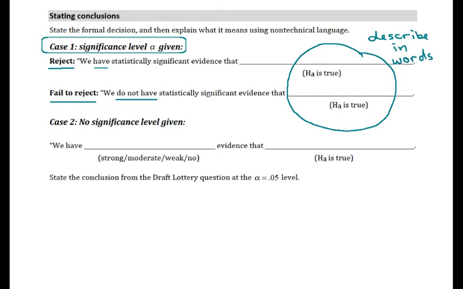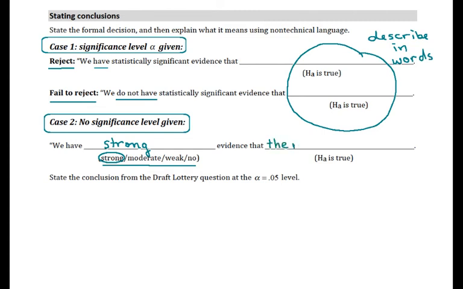If we have no significance level given, then we want to describe the strength of our evidence here. Pick a word. So in our draft lottery example, we said strong evidence. We would write in strong. And the alternative hypothesis is true. That is that the mixing method favors December birthdays.